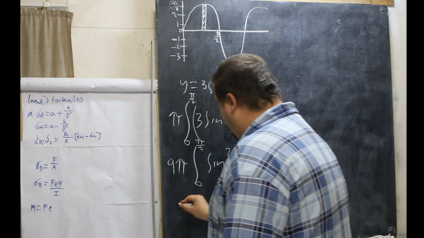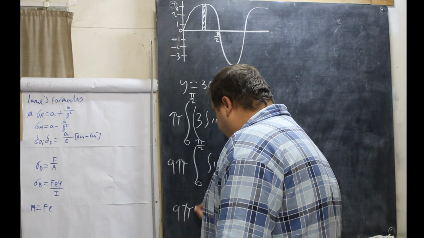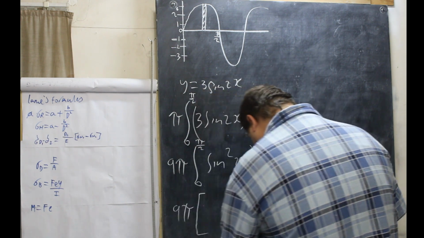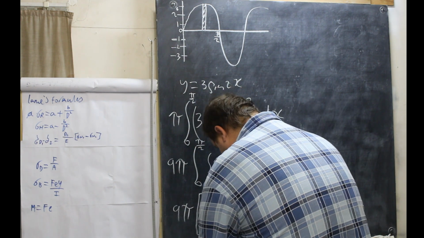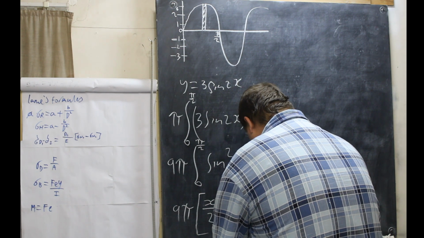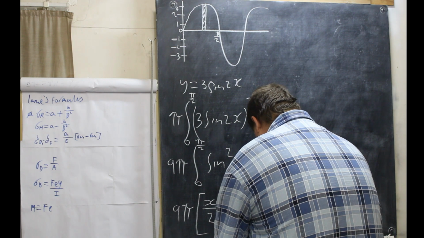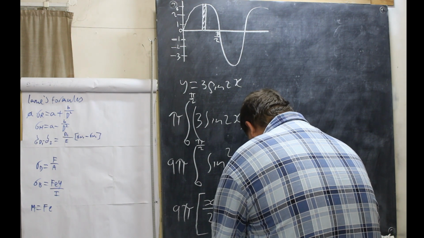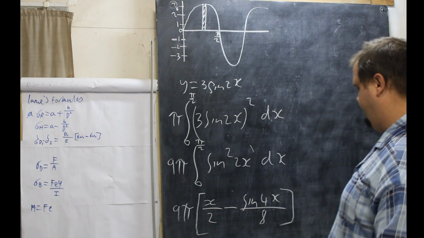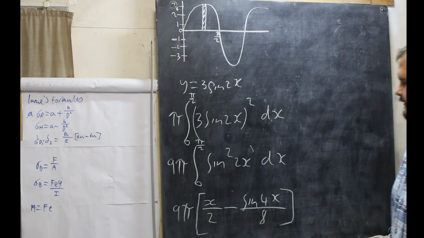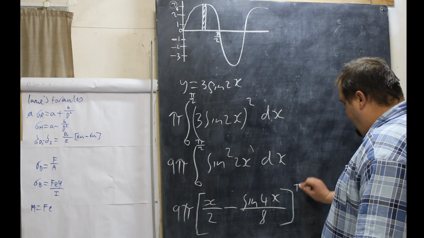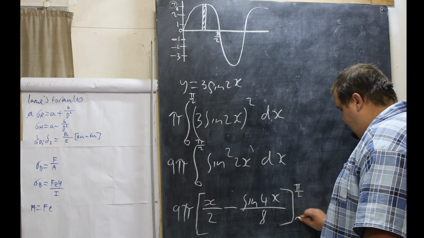So, we have 9 pi. Now, our integral is x over 2 minus sine 4x over 8. Okay, that is our integral. And now, pi over 2 and 0.